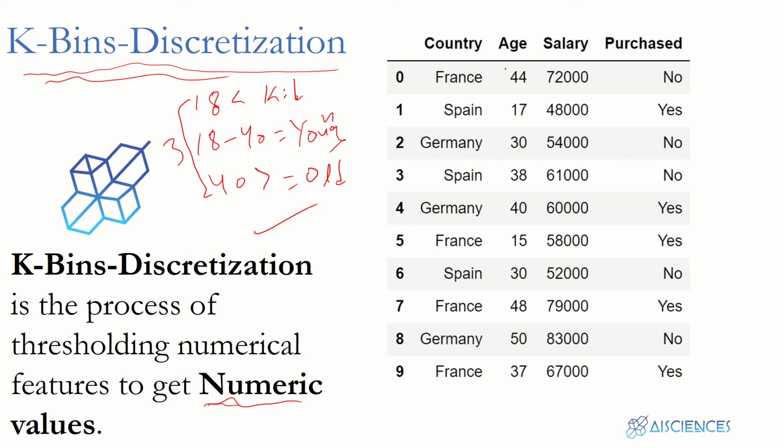So let's say we have this data of age, right? And we want to convert this data of age using K-Bin-Discretization. So how can we do that? Very simple.